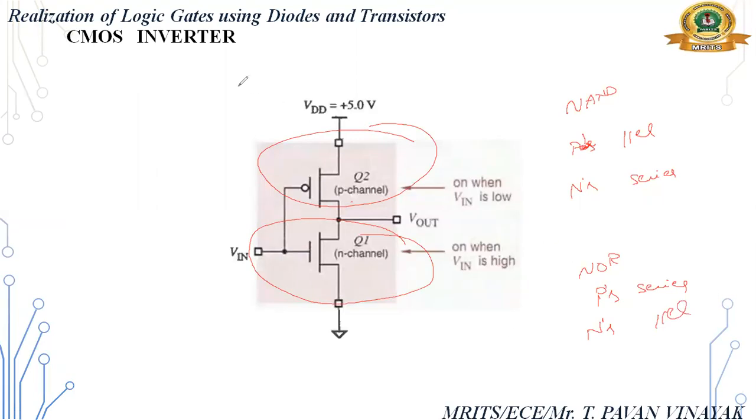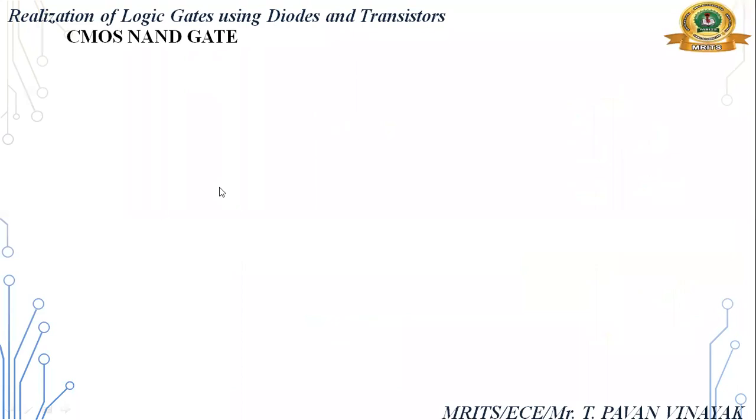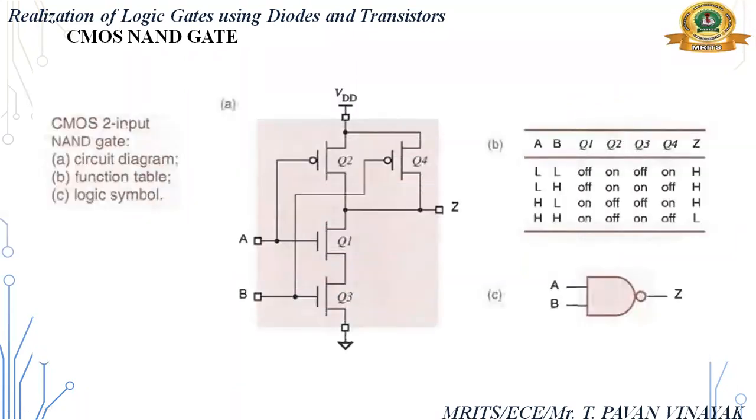Let us see. This is the CMOS NAND gate, AB whole bar. P channels are in parallel, N channels are in series. Output is taken at the common point. This is the CMOS NAND.